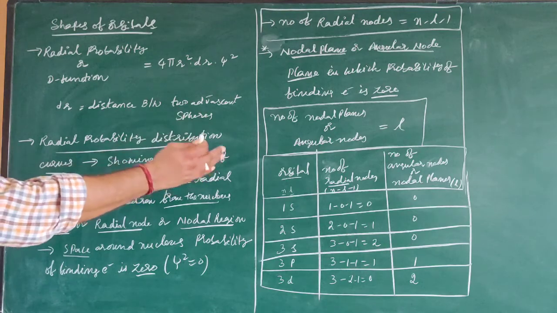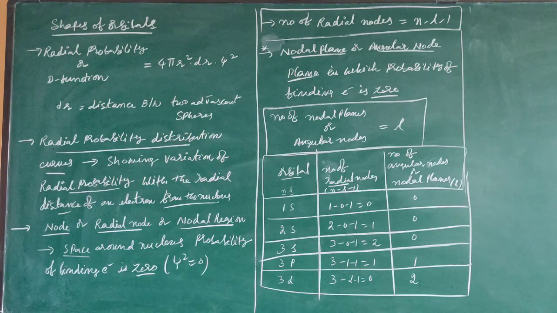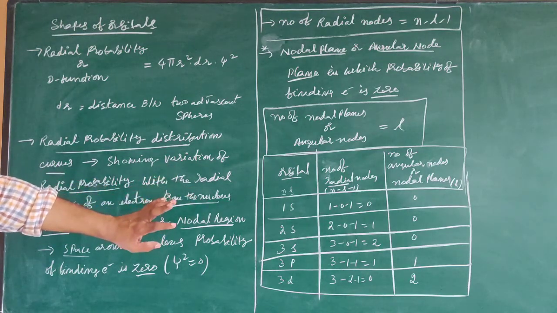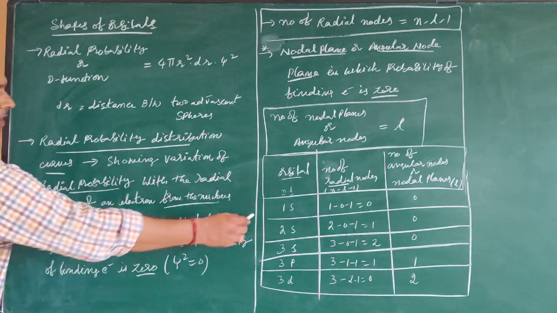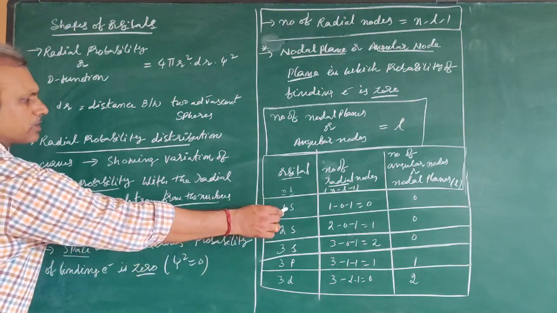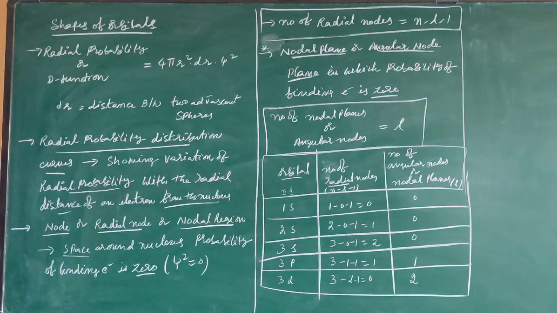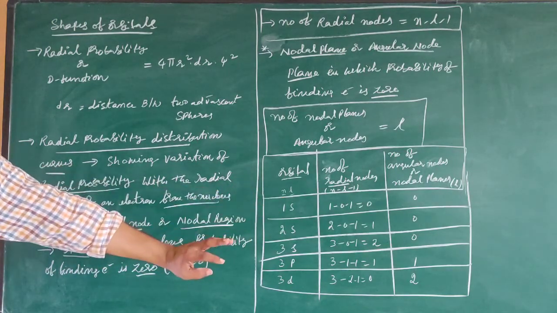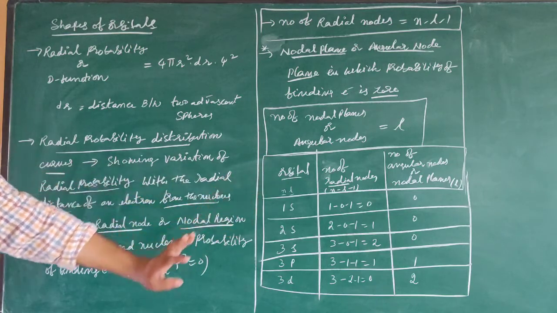The number of angular nodes is 0 because L is equal to 0 for an s orbital. For the 2s orbital, n is equal to 2, so 2 minus 0 minus 1 is equal to 1.